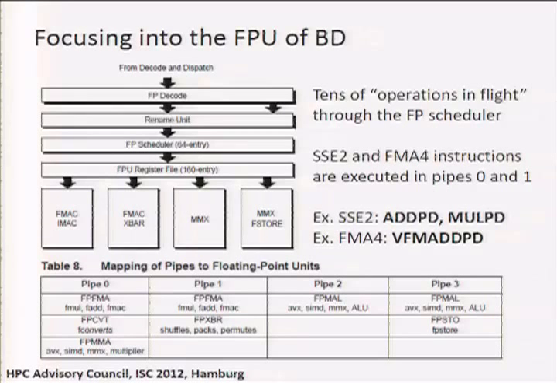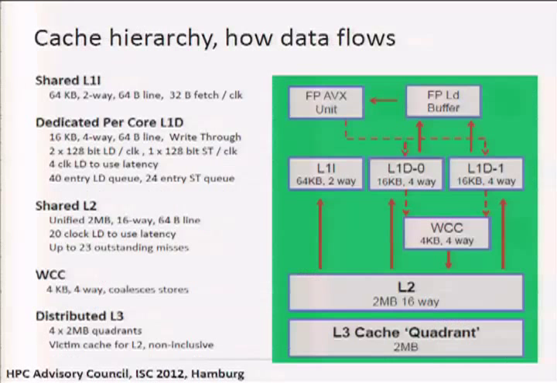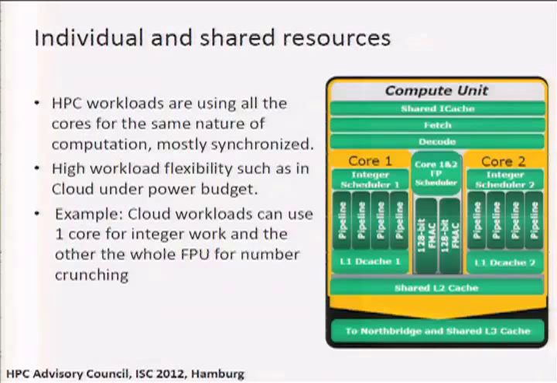I'll be showing some examples using SSE2 operations and also FMA4 operations. I want you to realize that these 4 pipes with these different types of operations are all in here.